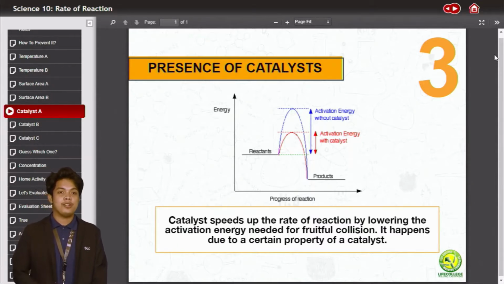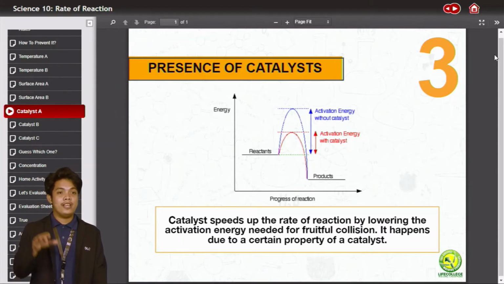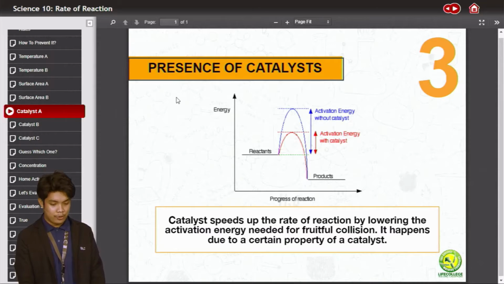As you can see in our diagram, the activation energy without catalyst is very high, so it needs more energy for it to react faster. While in the presence of catalyst, the activation energy with catalyst is considerably lower, so that more reactions can happen even at a small amount of energy. So a catalyst speeds up reaction.